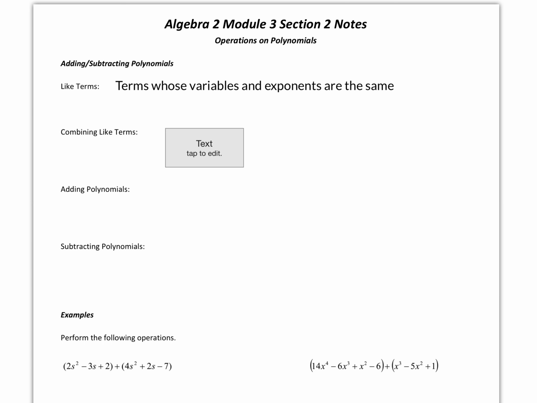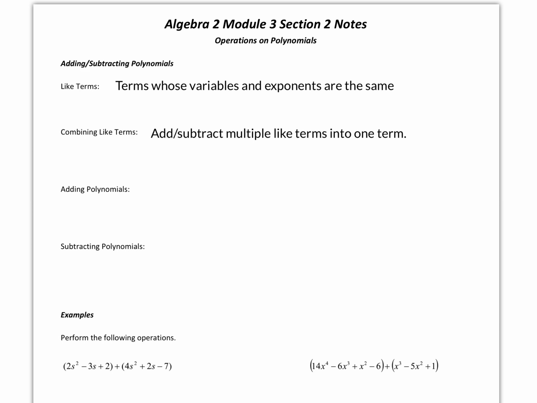Combining like terms just means we're either going to add or subtract, put together these multiple like terms into one term. So you're going to put together, either with addition or subtraction, multiple terms into one.